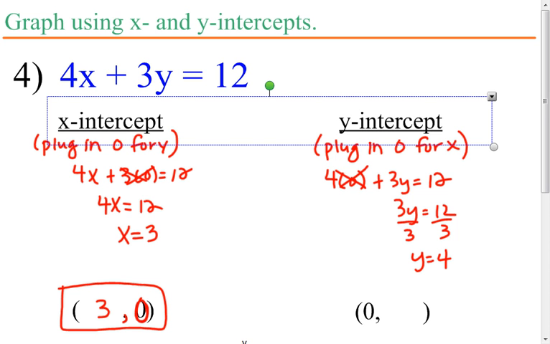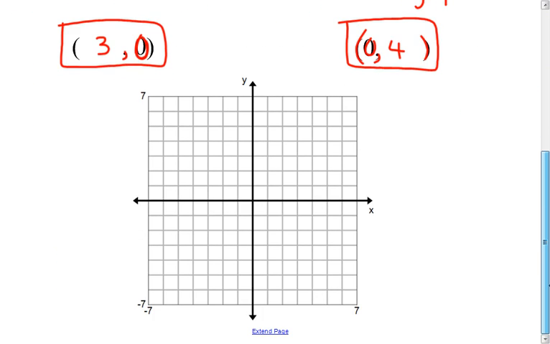Now, my y-intercept itself is not y equals 4. The intercept itself is the coordinate (0, 4). So when I ask you for the y-intercept, I want the answer as a coordinate. I don't want you to tell me that the intercept is y equals 4. I want it written as a coordinate.